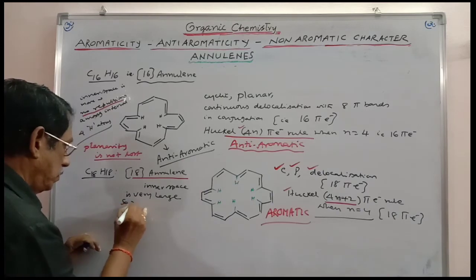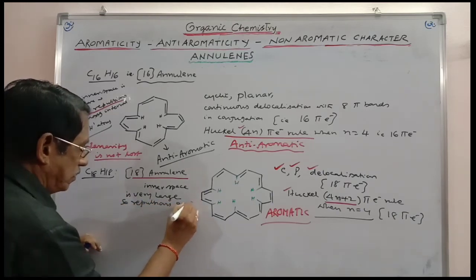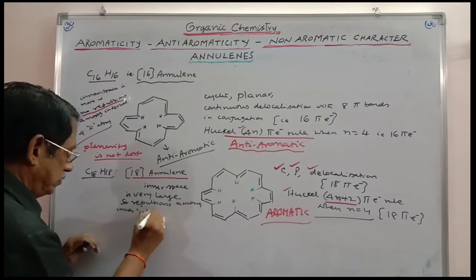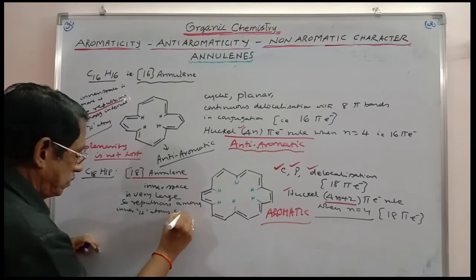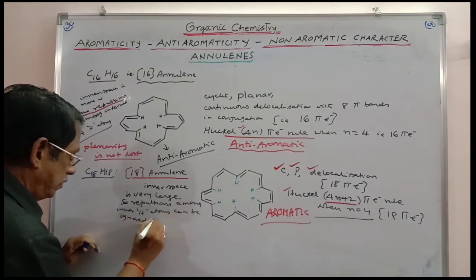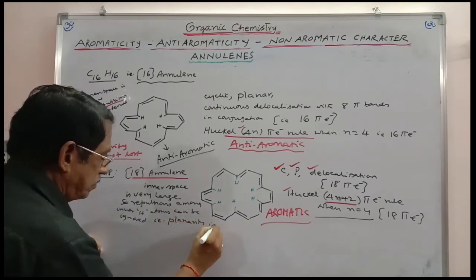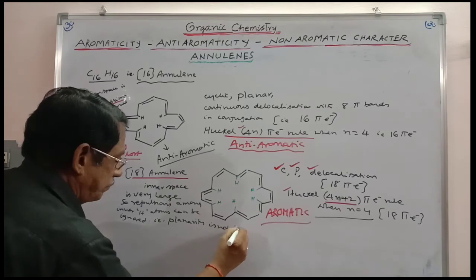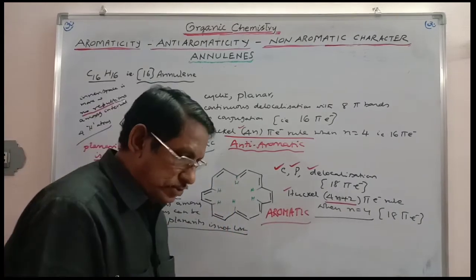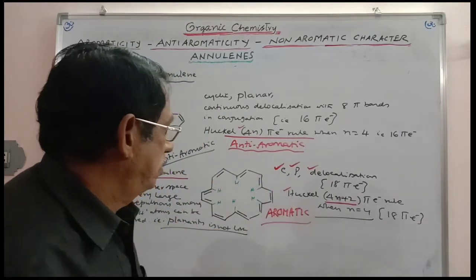So, repulsions among inner hydrogen atoms can be ignored. That is, planarity is not lost. Planarity is not lost means Huckel 4n plus 2 electron rule is applicable, as a result of which this becomes aromatic in nature.